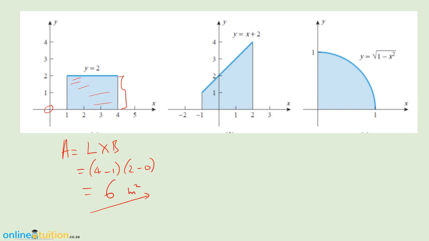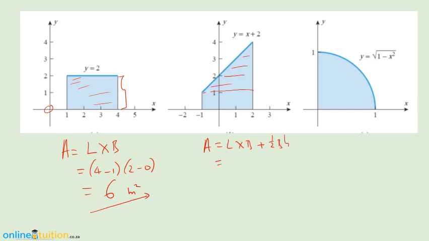If you look at the next one, that's interesting. How would you work out the area of that shaded region, the blue region? A lot of you say, well, I can see a triangle and a rectangle. Okay, let's go with that. It's length times breadth for the rectangle plus half base times the height for that triangle.